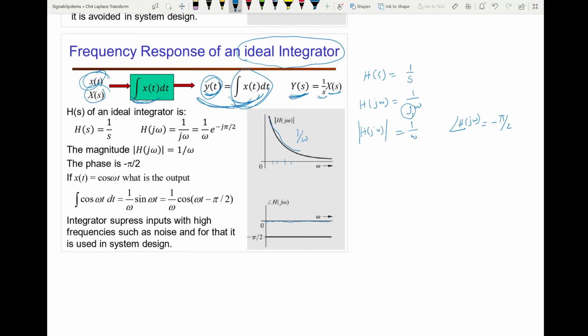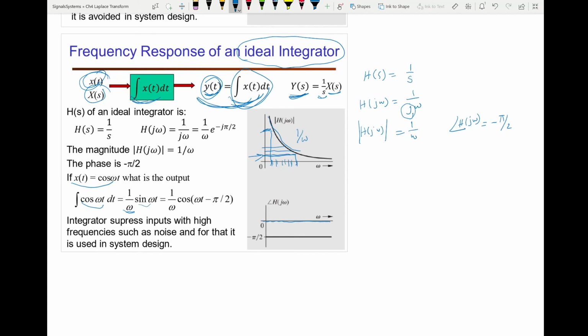So we can see now the integrator, the higher the frequency of the input, the more attenuation it will suffer. The lower frequency, it will attenuate it by that much. This high frequency will be attenuated by that much. And you can see these, if you have a signal x of t cosine, if you take the integral of this one, 1 over omega.